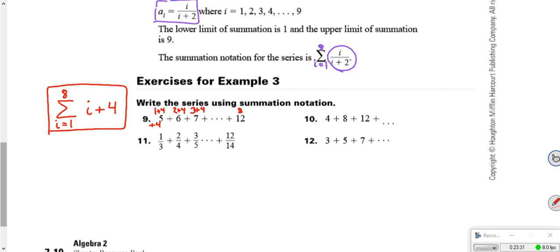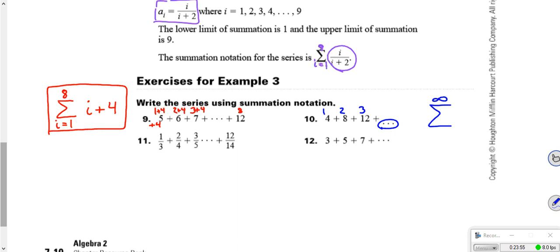Now, 10, you notice, is an infinite series. So right off the bat, I know that the upper limit is going to be infinity. Now, once again, I have to find the rule. So how do I get from a 1 to a 4? How do I get from a 2 to an 8? How do I get from a 3 to a 12?